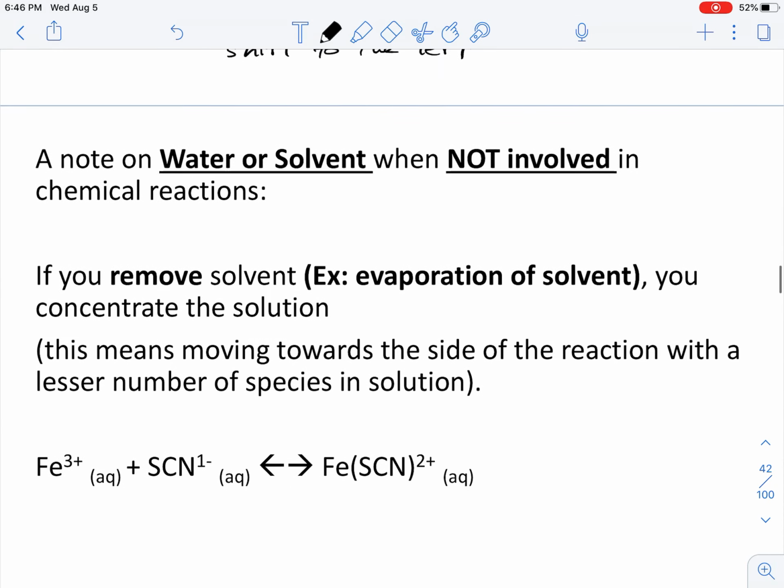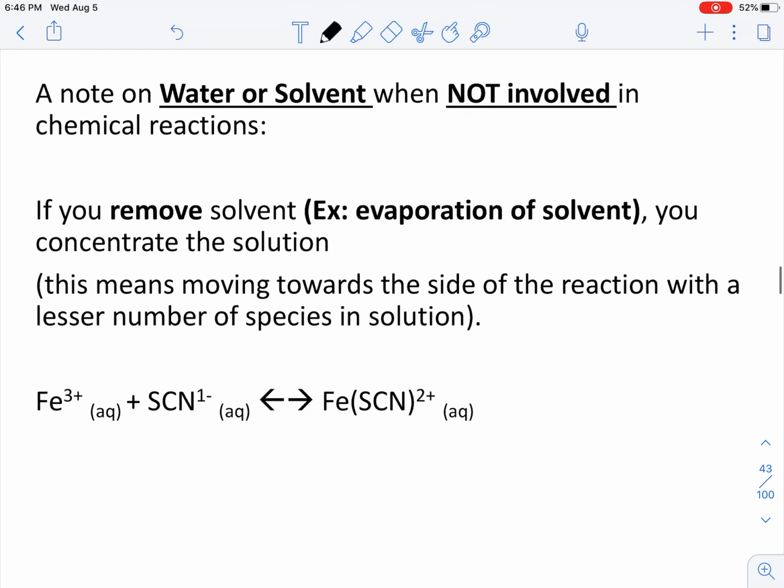Now let's go ahead and talk about the opposite scenario. Once again, if solvent is not involved in the chemical reaction, if we somehow remove the solvent through evaporation, how will the chemical system compensate for or adapt to the stress? And so in this case, the chemical system will favor the side that will allow you to dilute.